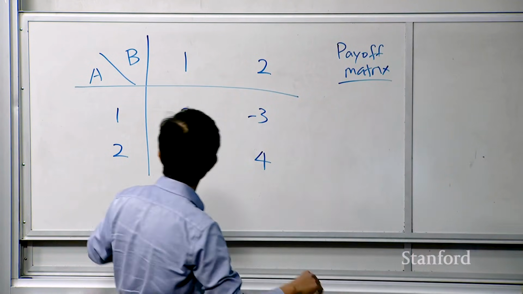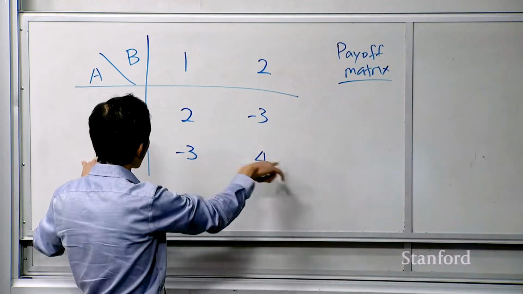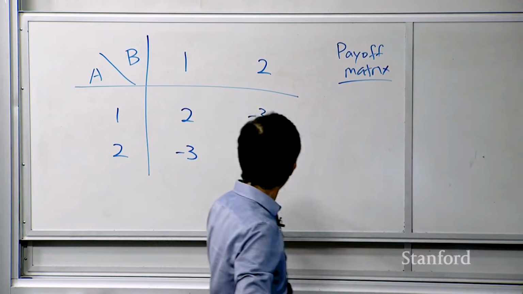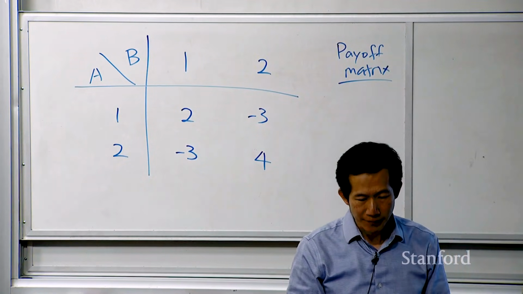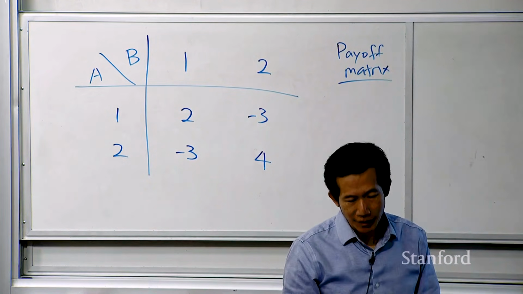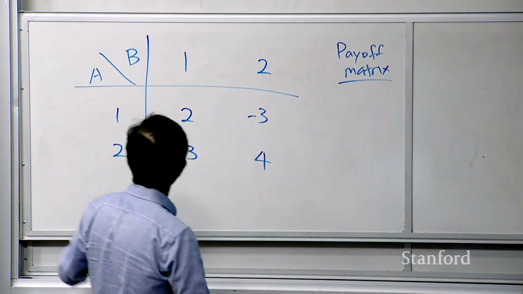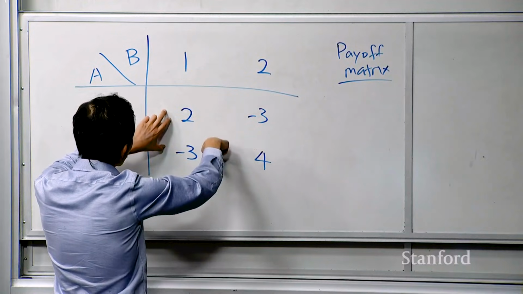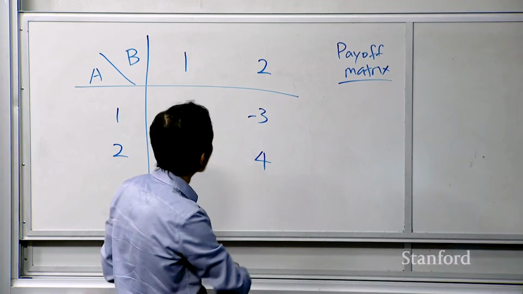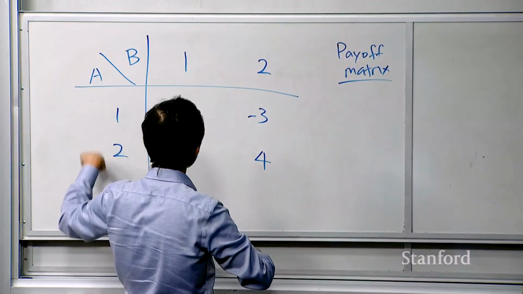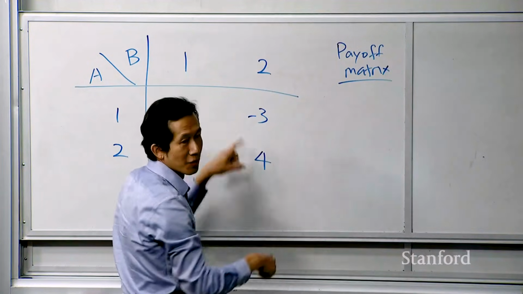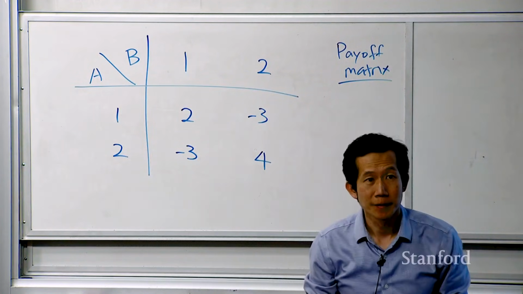Always 2 means I'm always 2 down here, but uniform over these, 1 and 2, and that's going to give me the average of minus 3 and 4, which is 0.5. And then if A is playing uniformly and B is playing 1, then it's going to be the average of these two, and that's going to be minus 0.5. And the fourth case is A playing uniform over 1 and 2, and B playing only 2, and that's going to be the average of these two, which is 0.5.